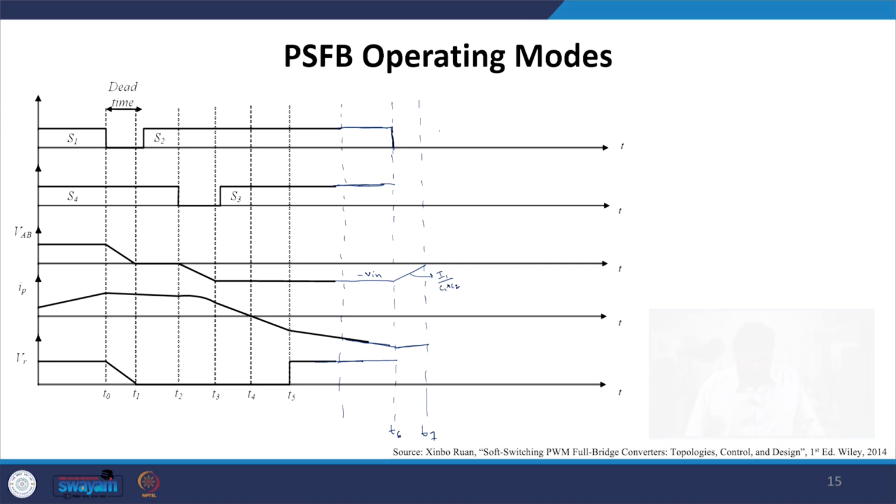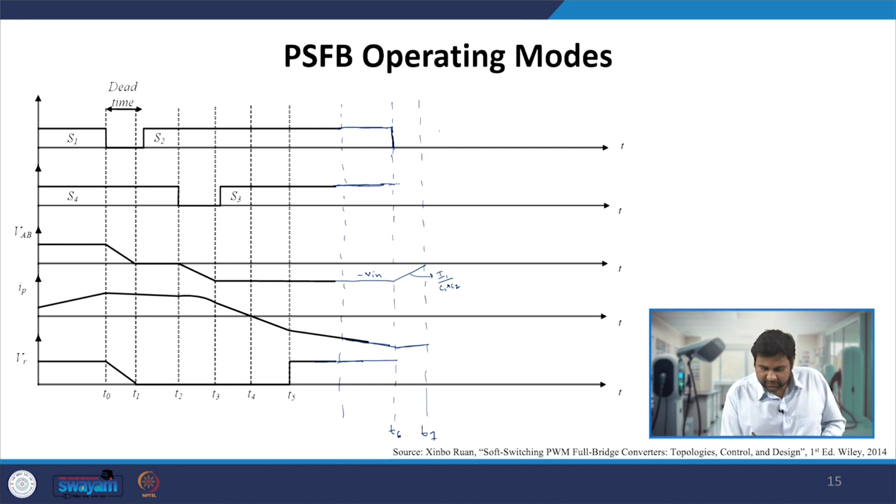With this slope it is falling, and because this is falling, this will also fall down to this point. However, T5 to T6 is very large, so this time period is a very large value.